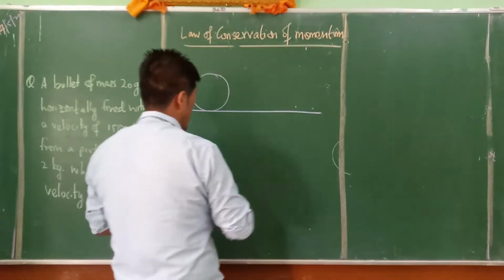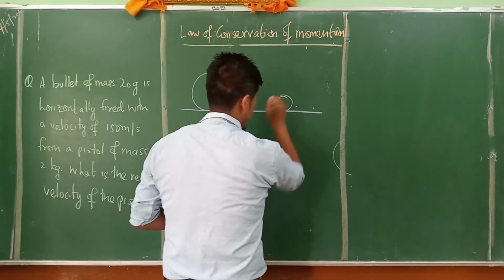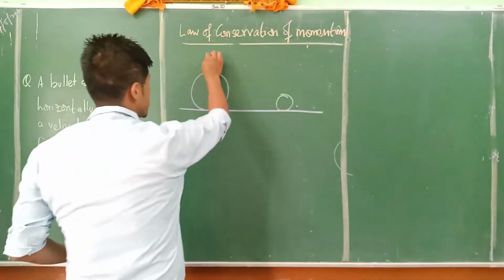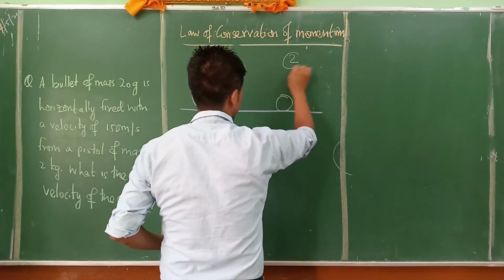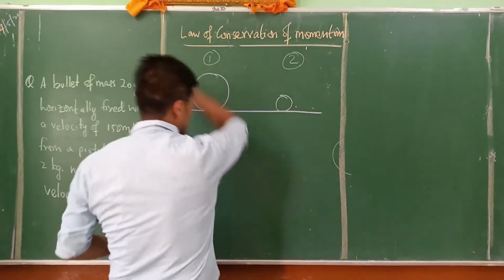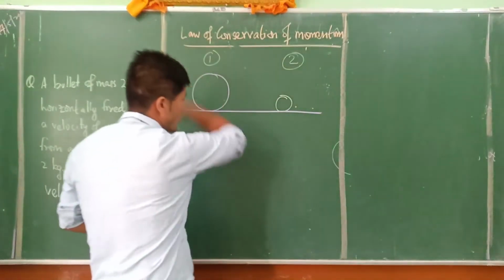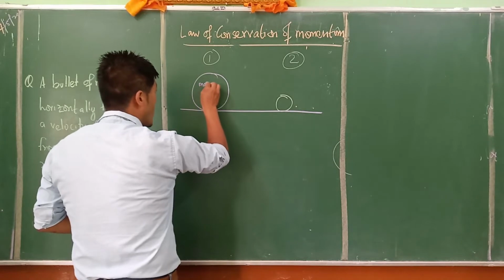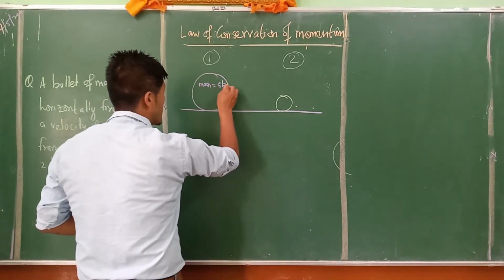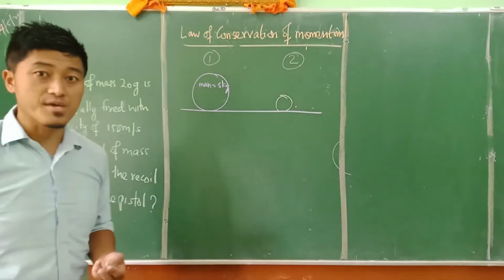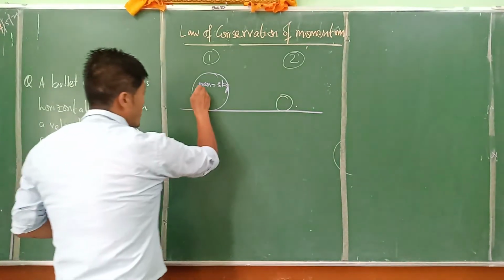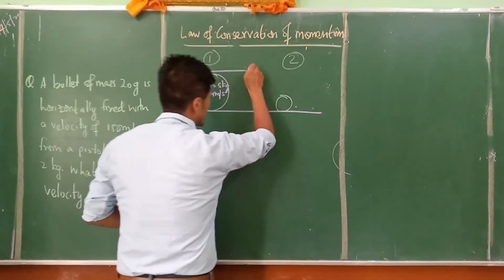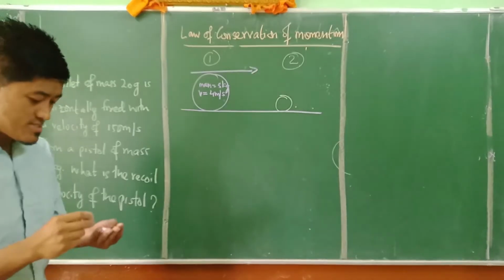This is ball number 1 and this is ball number 2, and they belong to one system. The mass of this ball, we are assuming for the time being, is 5 kg, and it is moving with a velocity of 4 meters per second.